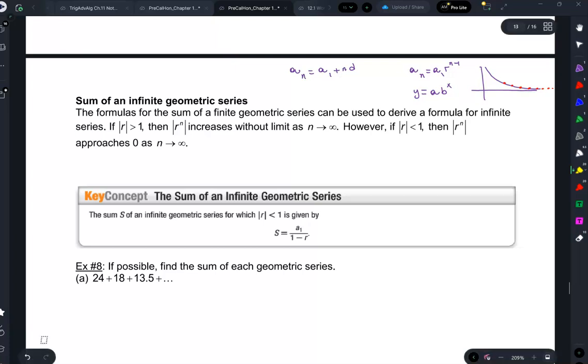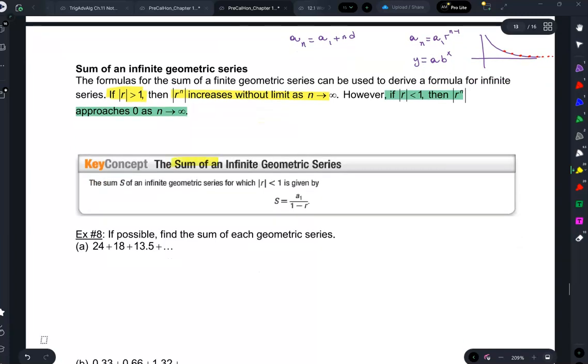So if r is greater than 1, then this whole thing increases without limit, so you cannot sum it up. However, if the absolute value of r is less than 1, then the values approach 0 as n approaches infinity, so that's when you can sum up your series.